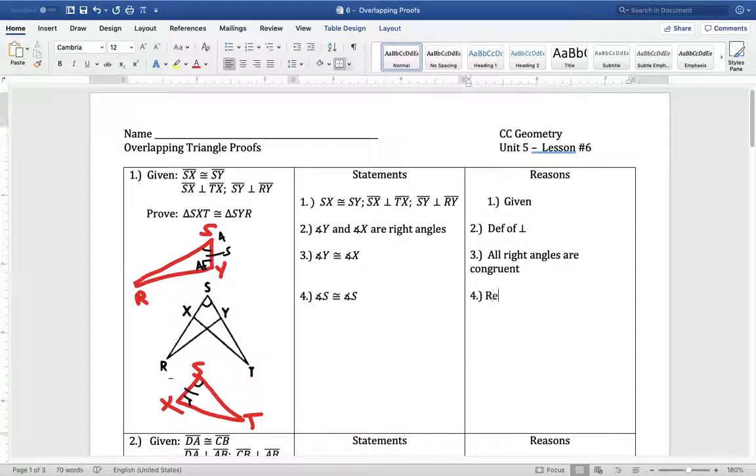And this is reflexive. It's really a reflexive angle, but we'll just call it reflexive. It's congruent to itself. And if you see now, we have angle Y congruent to angle X, angle S congruent to angle S. We already had SY and SX congruent.